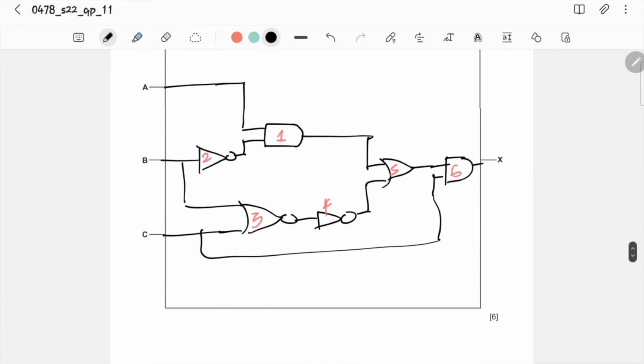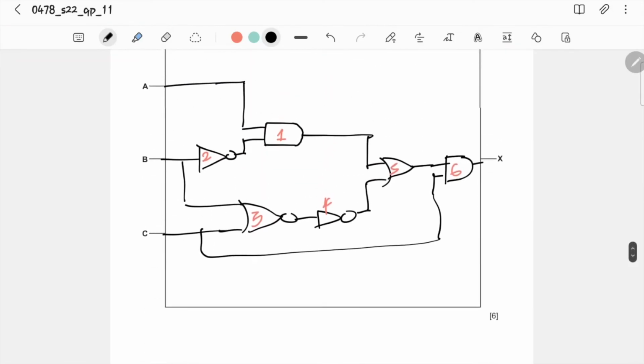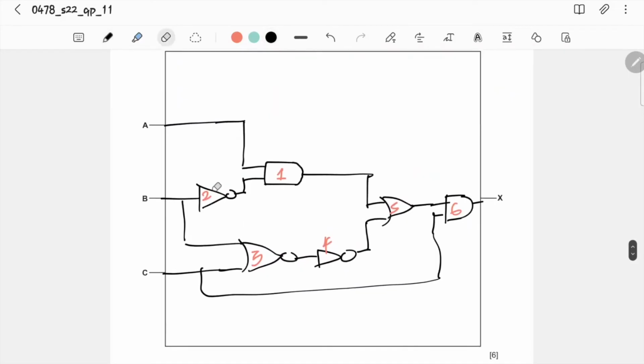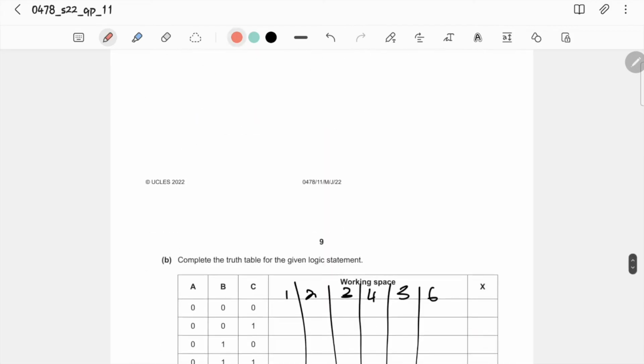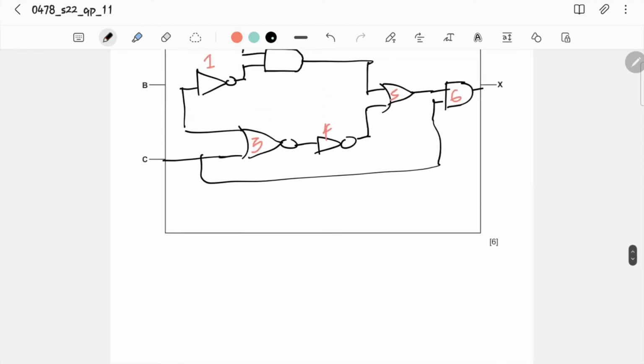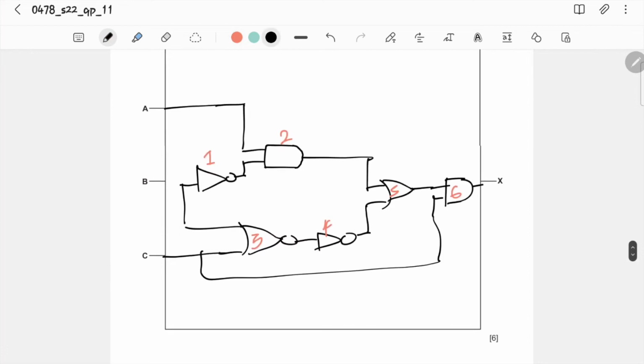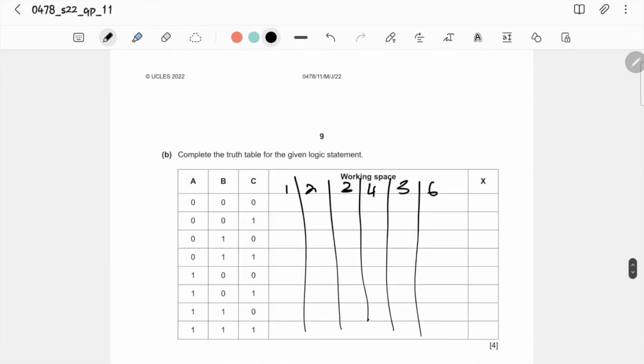What's 2? I'm going to make this the first one. It doesn't matter what order you use, but I just feel like starting like that. So it's not B, so let's do not B first. So 1, 1, 0, 0, 1, 1, 0, 0.